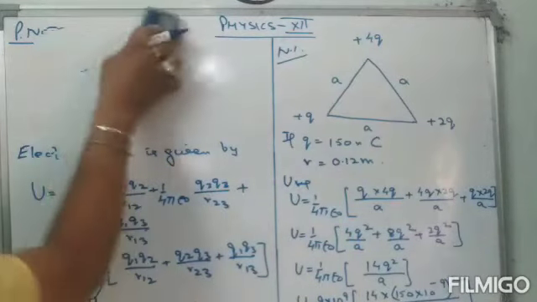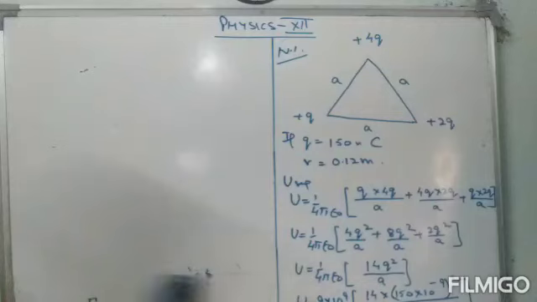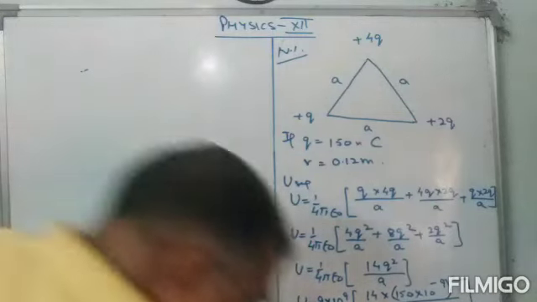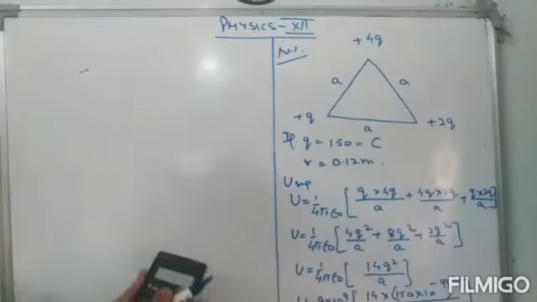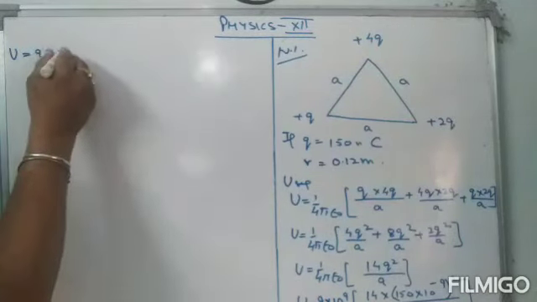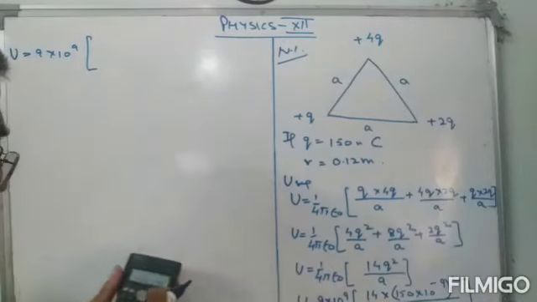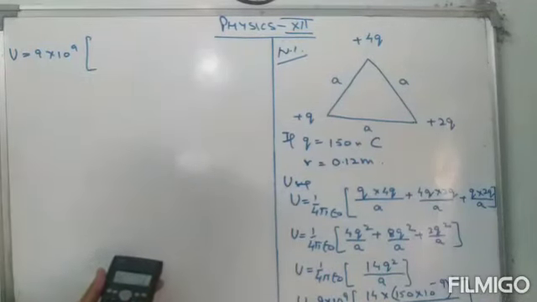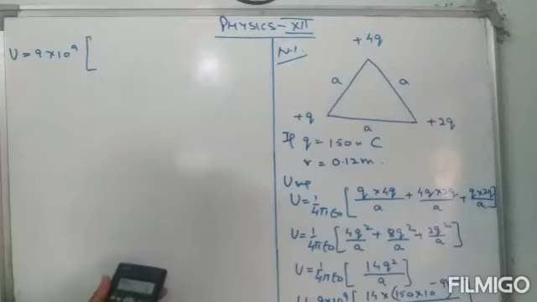And when you solve this, I've used a calculator, you will get U is equal to 9 into 10 to the power 9, within bracket 150 into 10 to the power minus 9 into 150 into 10 to the power minus 9 into 14, divide by 0.12.